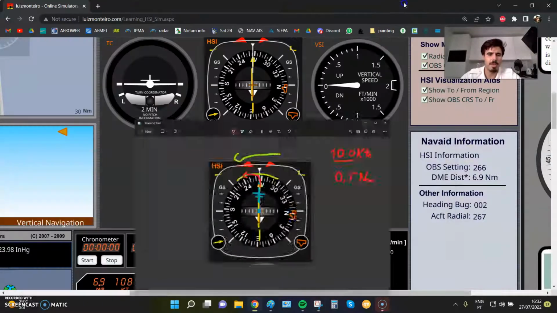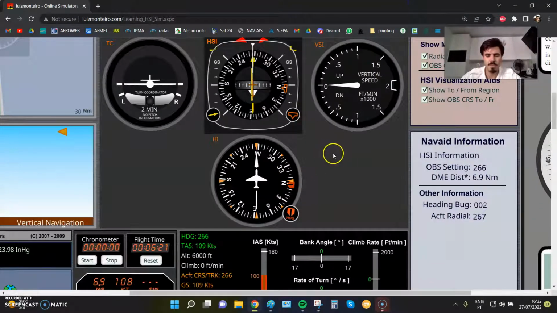Okay, let's do it. So I'm going to take it out of pause. Is it running? I think it's not running. Okay, now it's running. So we're following radial 265 outbound. Let me put our heading bug there.